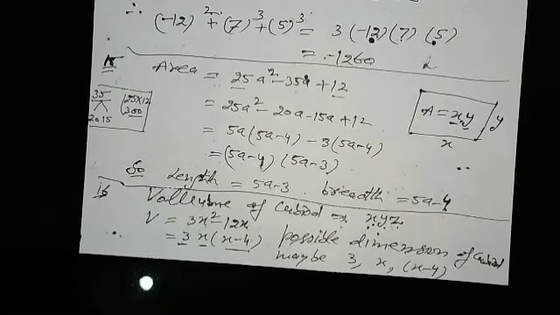And now we will factorize the last question of exercise 2.4, that is the fifth one. The first part is factorize this polynomial x cube minus 2x square minus x plus 2, right?